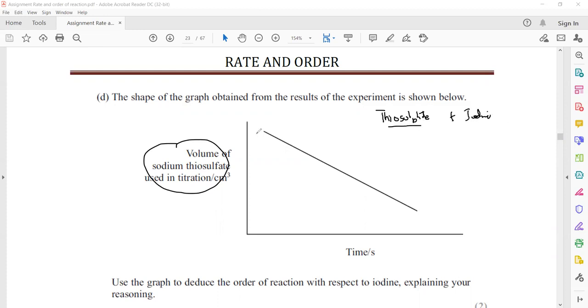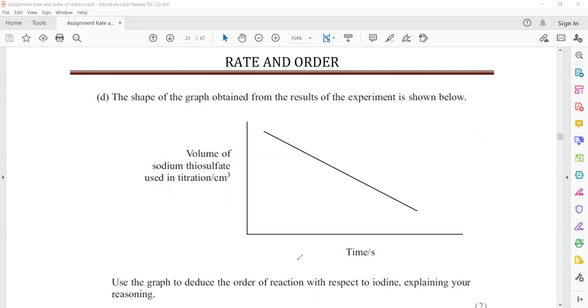So as you can see in the beginning, we need greater amount of thiosulfate, but with the passage of time, as we are taking out the sample, we need small quantity of thiosulfate. So why is the amount of thiosulfate needed decreasing? Because amount of iodine is also decreasing. In the beginning, you will have more iodine, but as the passage of time, amount of iodine is decreasing. So that's why you need small quantity of thiosulfate as well.